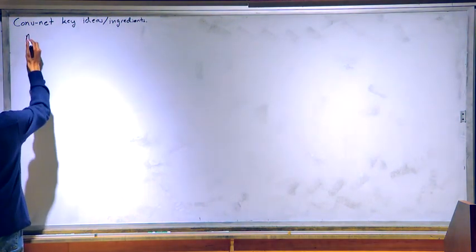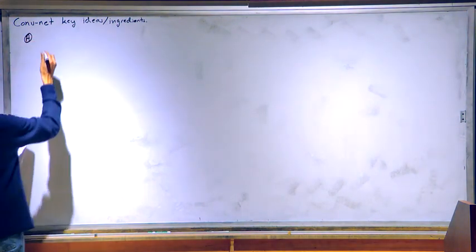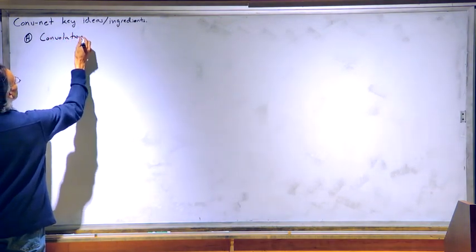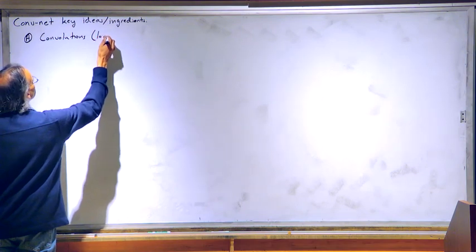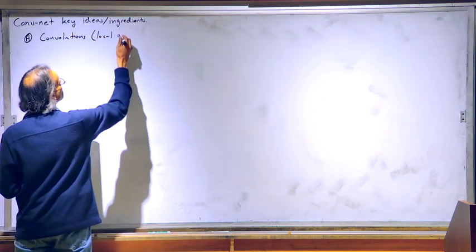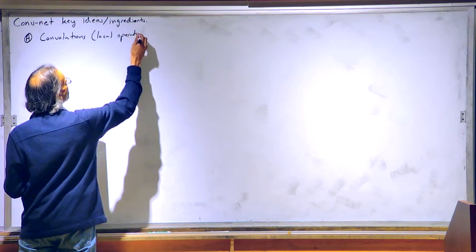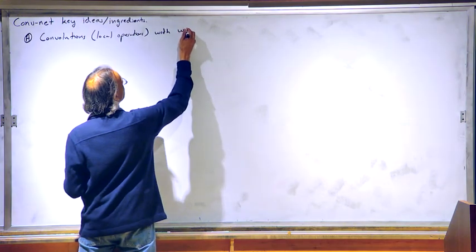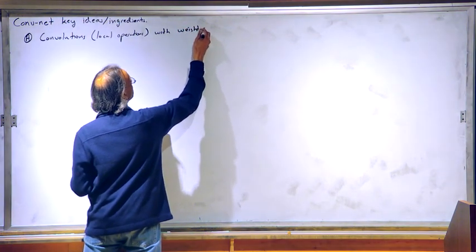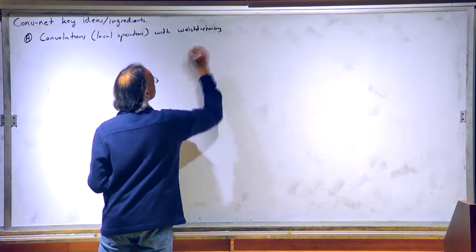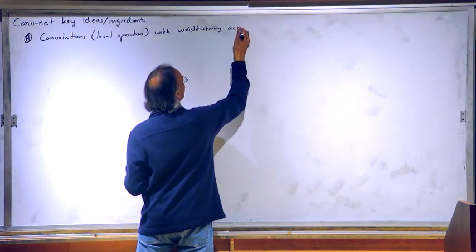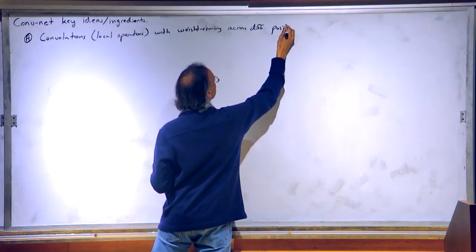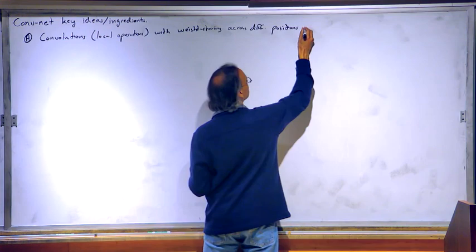One, you definitely have convolutions. These are local operations with weight sharing across different positions in the image.